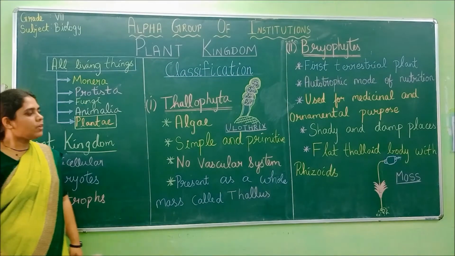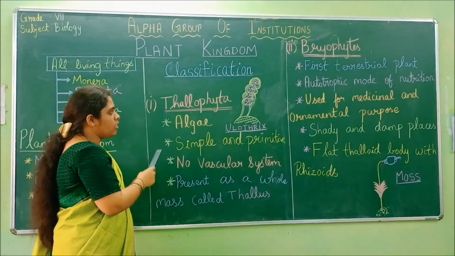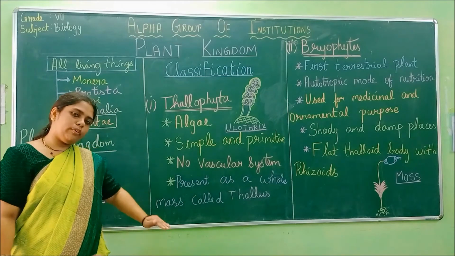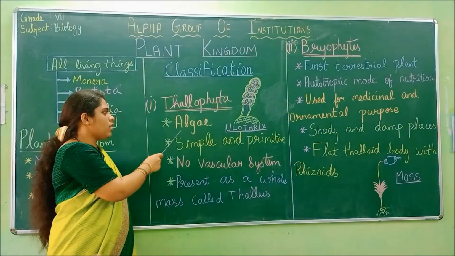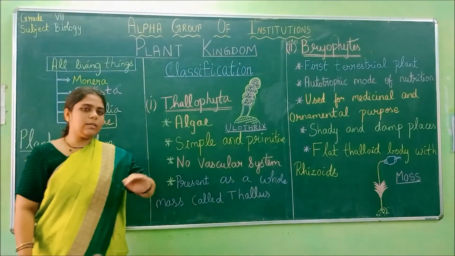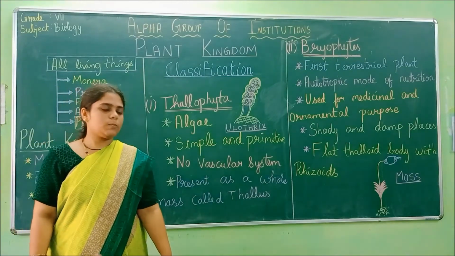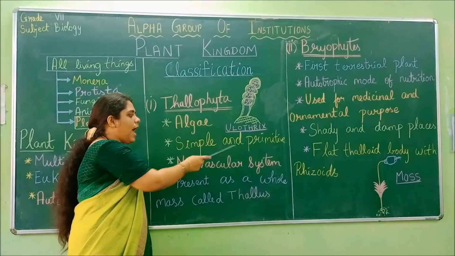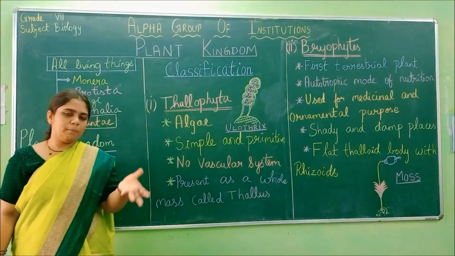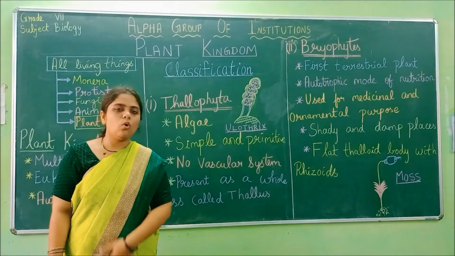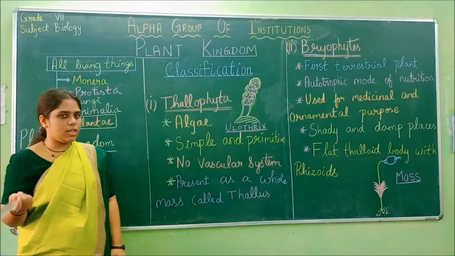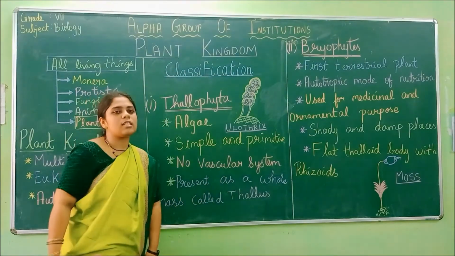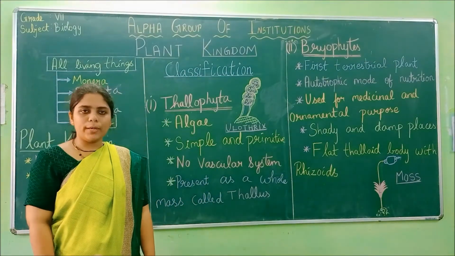And finally, we are going into the classification. First is the Thallophyta, the most primitive one, the lower one. All the algae, the green part that will be present in moist places, come under Thallophyta. It is very simple and primitive, which means it is very old. It is not much developed. No vascular system, no xylem or phloem will be present.